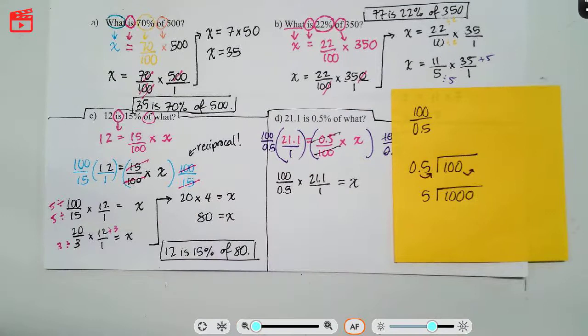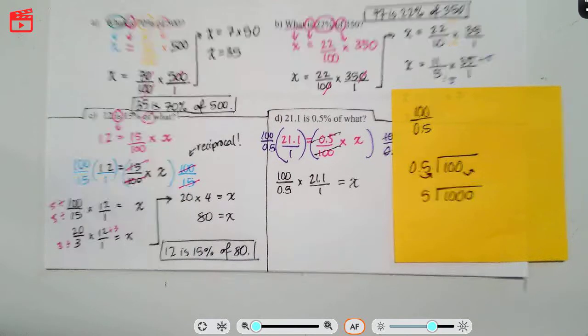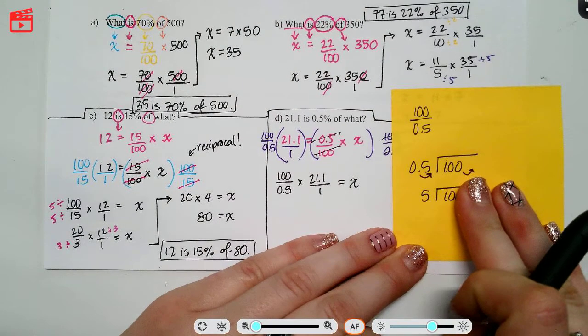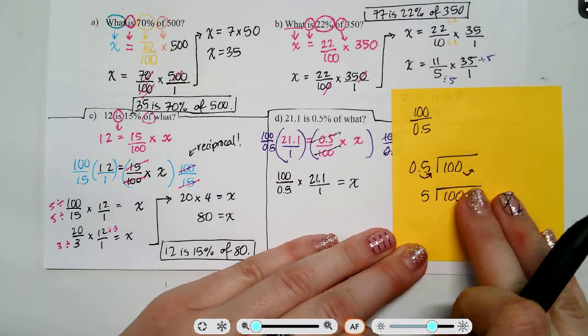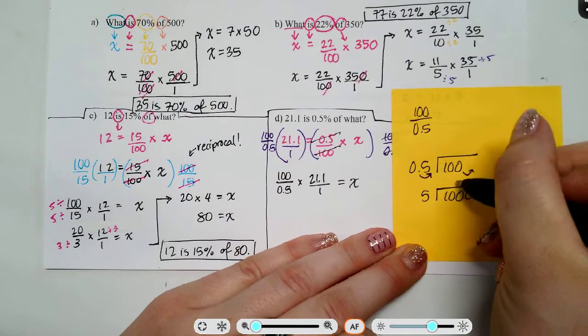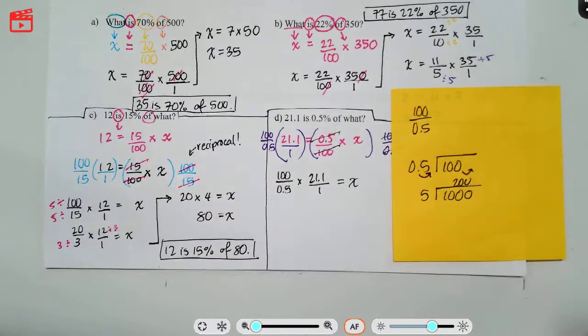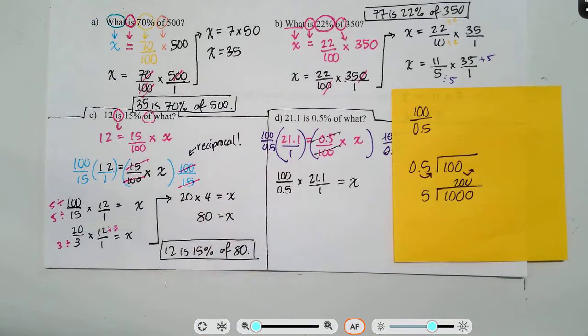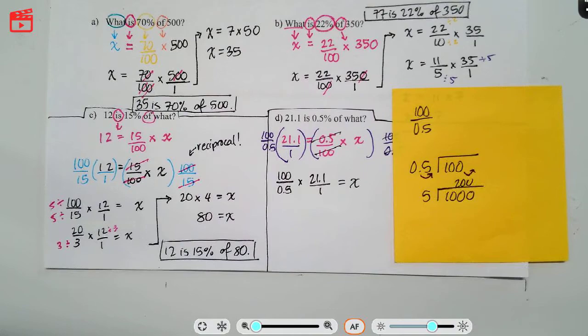So that's actually going to be 5 into 1,000. And how many times does 5 go into 1,000? Well, we know that 5 goes into 10 twice, and then we're just going to add on those 2 more zeros. So 5 goes into 1,000 200 times. So 1,000 divided by 0.5 is actually 200.